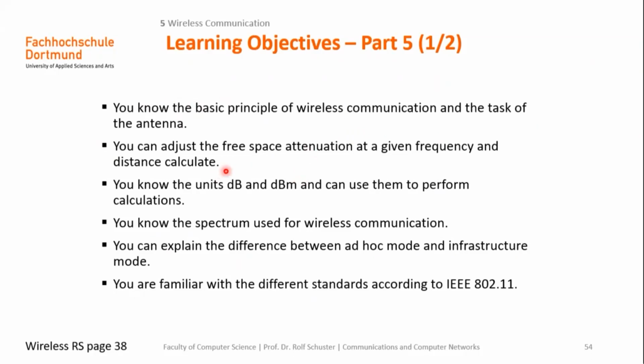You can calculate the free space attenuation, the free space path loss at a given frequency and distance. Remember, if the frequency is higher, the attenuation is higher. If the distance is higher, the attenuation is higher. And then you could calculate which is the attenuation based on the frequency used and the distance between the antennas.